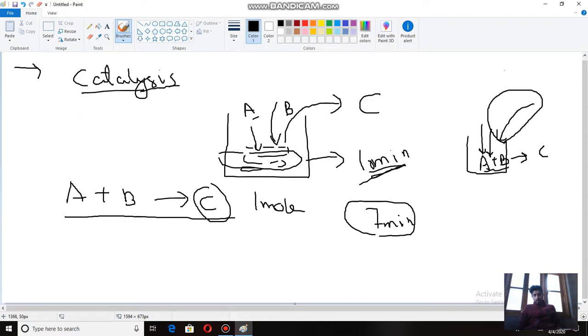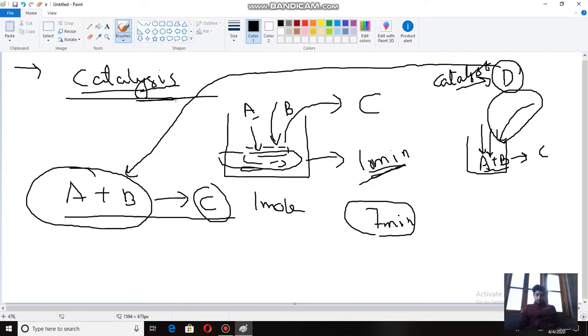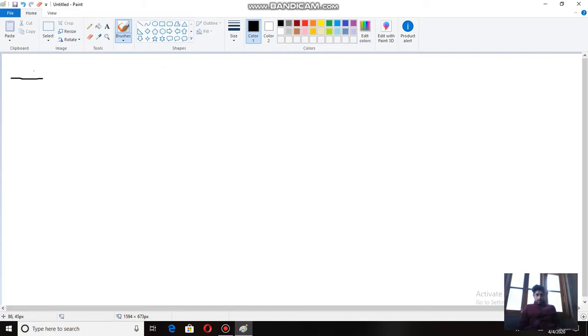This foreign material, let's represent this by D. This D increases the rate of reaction between A and B. This D is known as catalyst, and this process is known as catalysis. I hope it's clear.